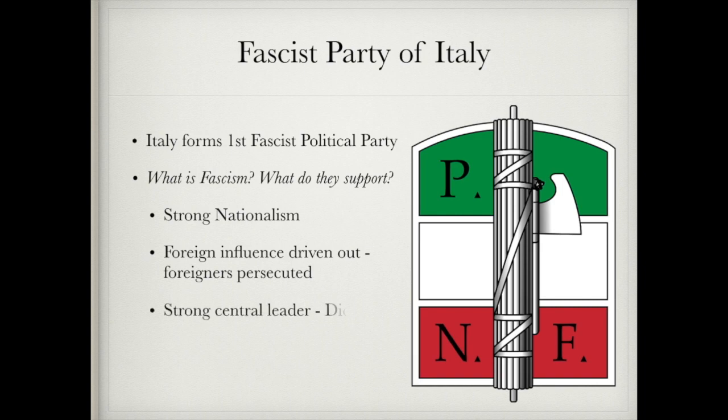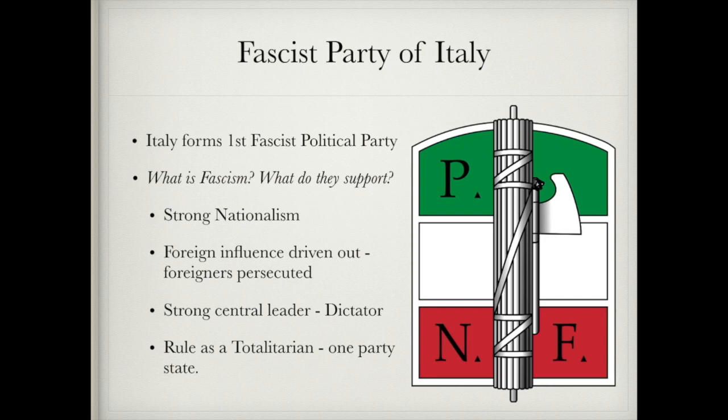We want to see a strong central leader, a dictator. We're going to get that with Mussolini. That dictator can rule as a totalitarian, with total control of society, where it's a one-party state. Now, the idea of the one-party state sounds pretty good.